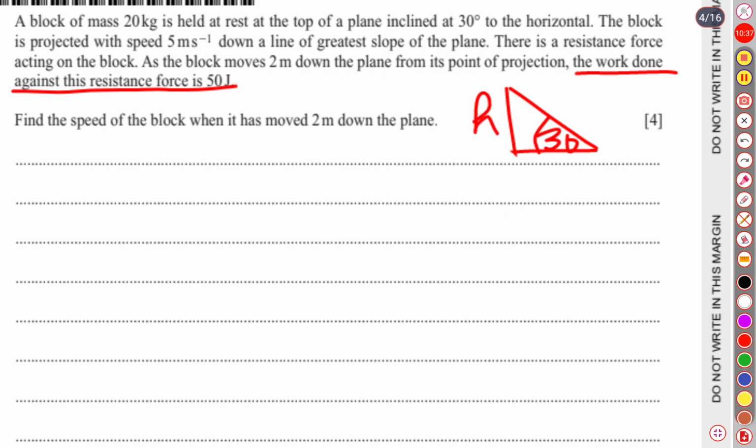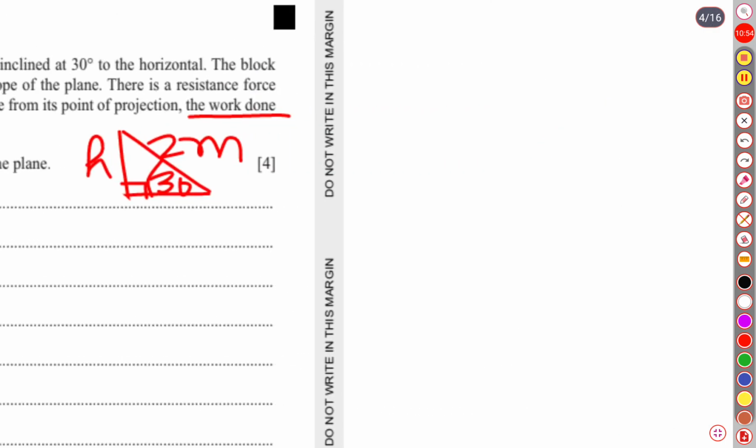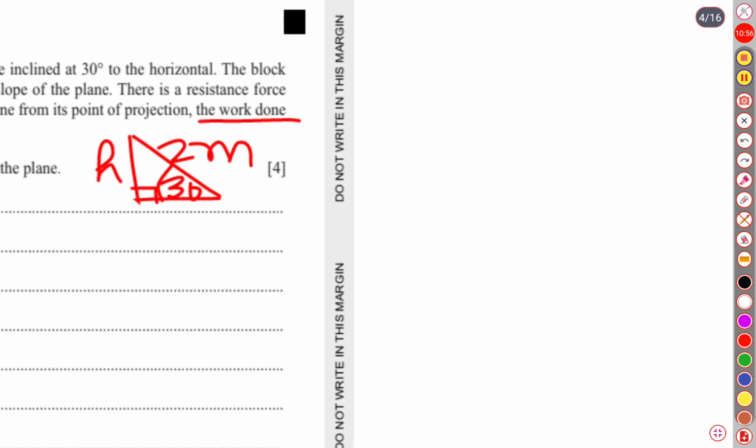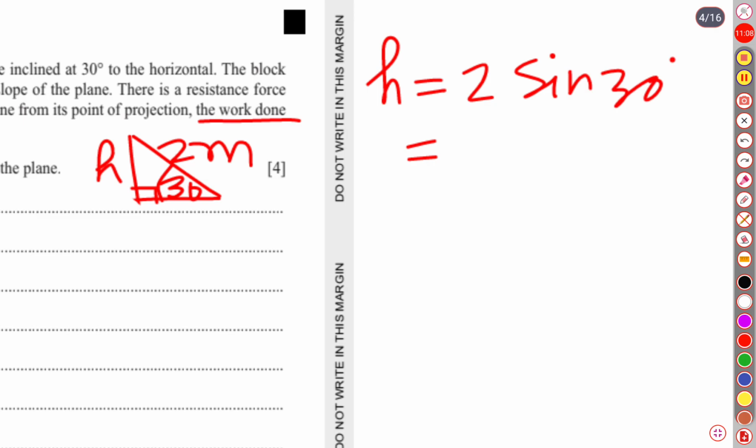The block was moving downward for 2 meters, so the length of the plane is 2 meters. So what is our height? Our height is equal to 2 sine 30 degrees. Sine 30 is half, so 2 over 2 means it is 1 meter. 1 meter was the difference between the final and initial height.